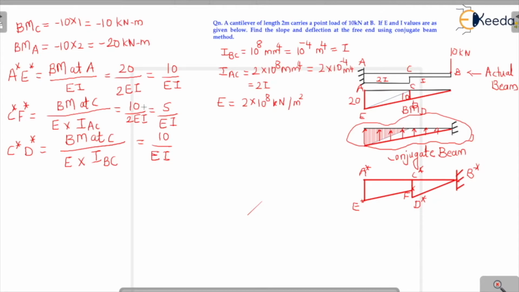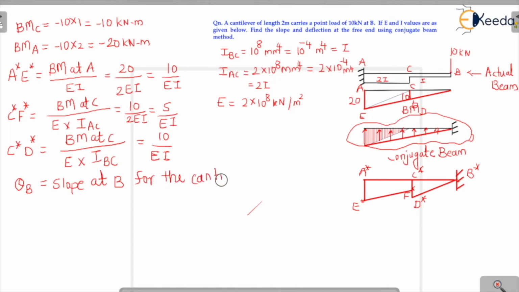Now let us calculate the slope and deflection. So what is slope? Slope is theta b, the slope at point B for the cantilever beam.